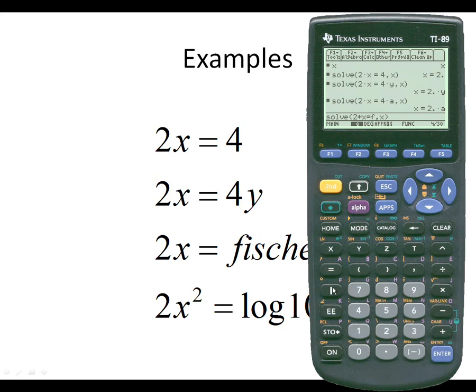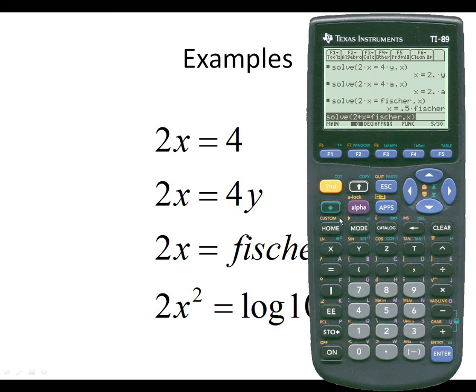Alpha lock Fischer, solve for x, and x equals 1/2 of whatever value is stored in Fischer. So pretty cool.